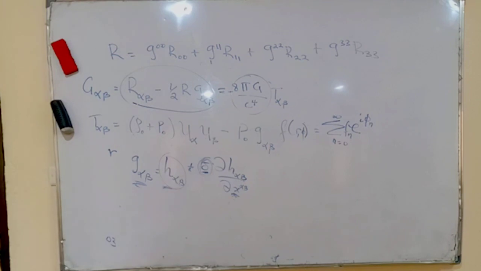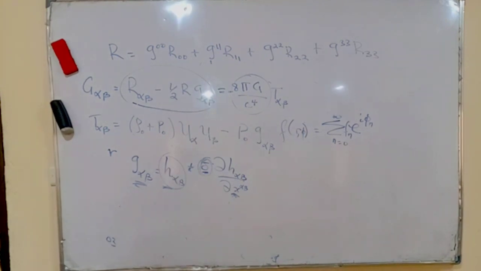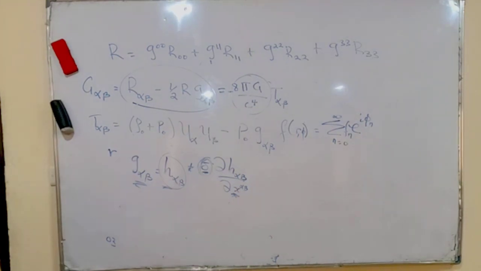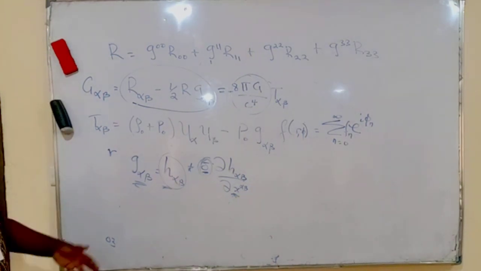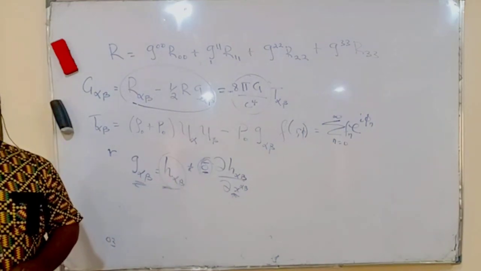And when you see me trying to force you to go and look at what others have done, it's for you to have an idea of how we can report this. How do we report this so that people will be convinced that what we have done is worth publishing? And if you are able to reduce your equation to a certain level, you can also decide to go numerical.